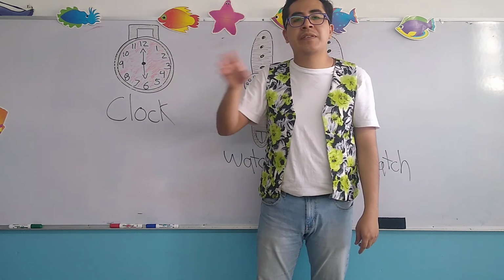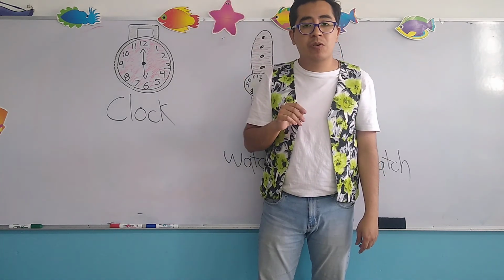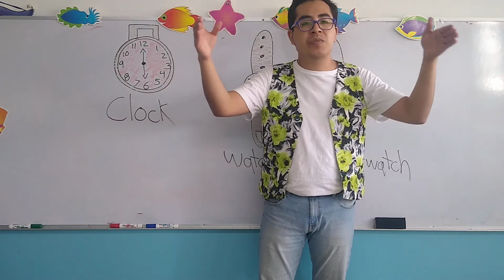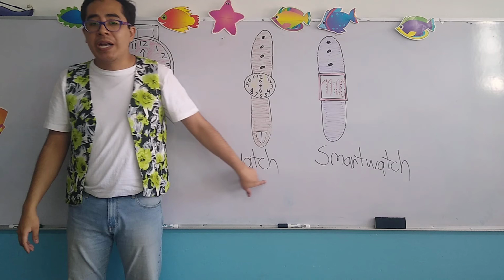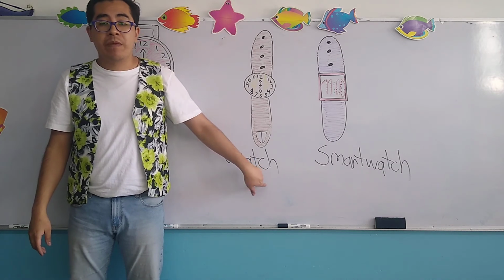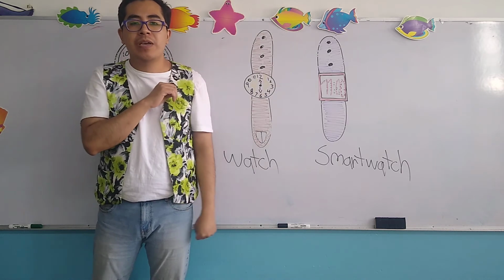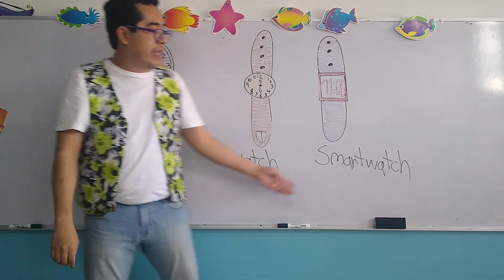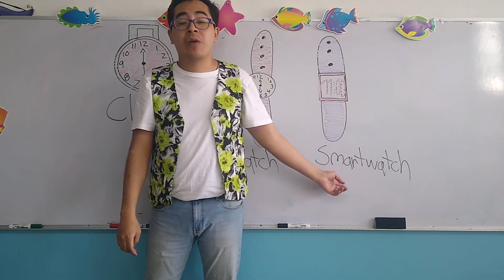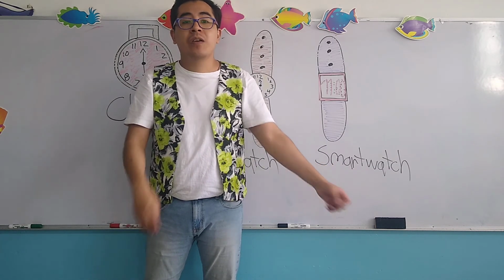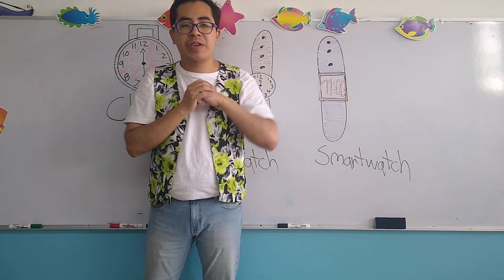Remember, the clock is the one that goes on the wall. Recuerden que es el que colocamos en la pared, and of course is big, es grande. Next is watch. Remember, the watch is the one that goes on the wrist, el que colocamos en la muñeca. And finally, smartwatch. El reloj inteligente, again, goes on the wrist. De nueva cuenta, recuerden, va en la muñequita.